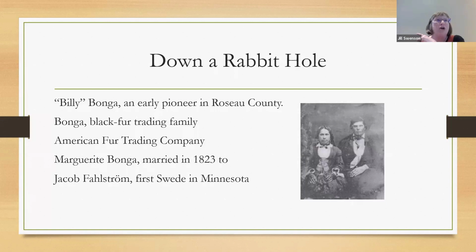That picture is of Marguerite Bonga, his aunt, and Jacob Falstrom, also known as Ozawindib. We'll get there. He was the first Swede in Minnesota. More on that soon. Based on the handwritten letters that have recently been found and transcribed of George Bonga, Billy's uncle, it turns out there's a much more complete picture of this dynasty family in these handwritten journals and correspondence.